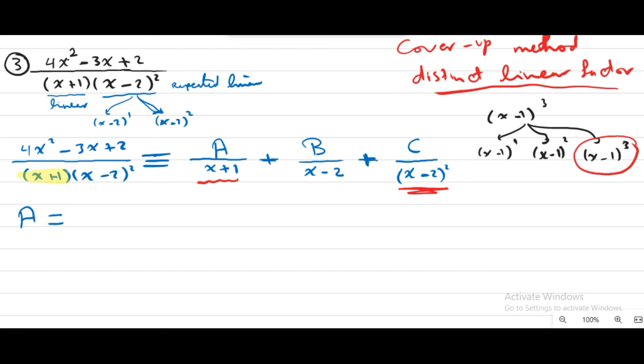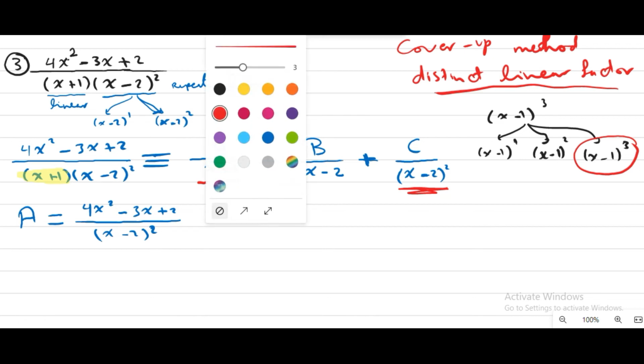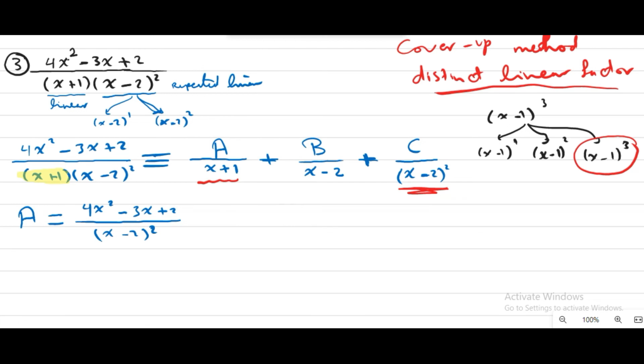Like this, and the remainder will be 4x to the power of 2 minus 3x plus 2 over x minus 2 all to the power of 2, and put x equal what? Put x equal negative 1. I write it with red. Here x equals negative 1, the value which makes this factor equal 0.